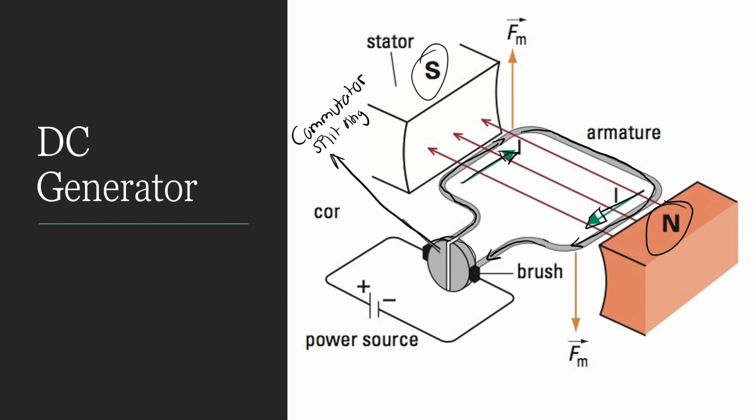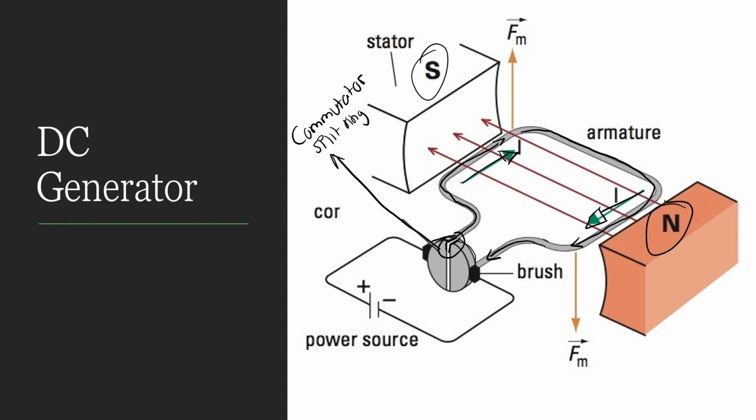Now, a split ring is another way we can use to differentiate between a DC generator and an AC generator. AC generators do not have a split ring. Only DC generators have split rings, and we call it a split ring because of that gap over there. If you look close, there's a gap there. So if you don't see a gap, that is not a DC generator.